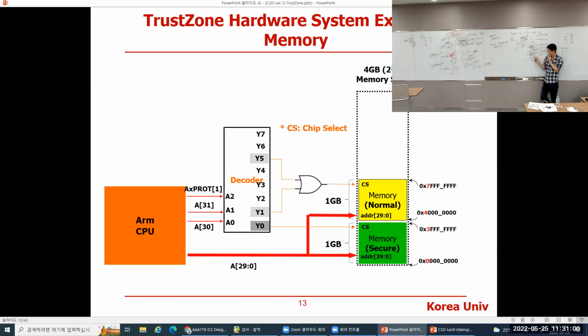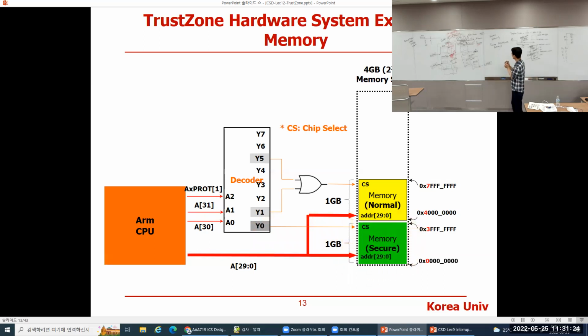So to access the memory, you have to make sure you are providing 1 to the chip select input, meaning you are selected for access. So look at this. All 3 inputs are 0, then Y0 is 1, then chip select is 1, then that device is selected for access.